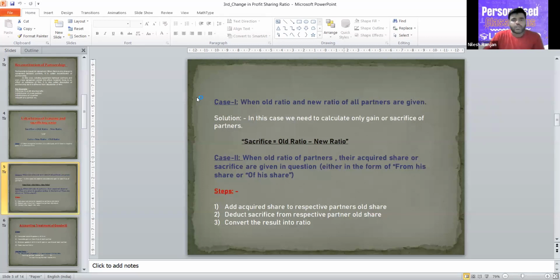Okay, so I'm saying that there can be different types of situation given in the question. The one is where old ratio and new ratio of all the partners will be given. So if old ratio is given and new ratio is given, then what we have to do here?